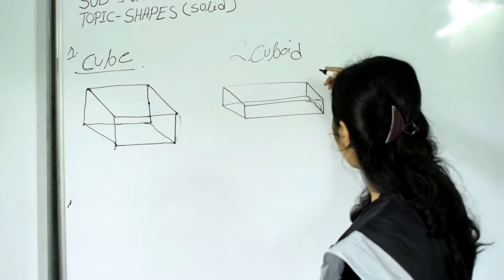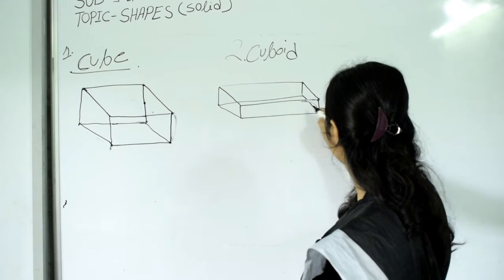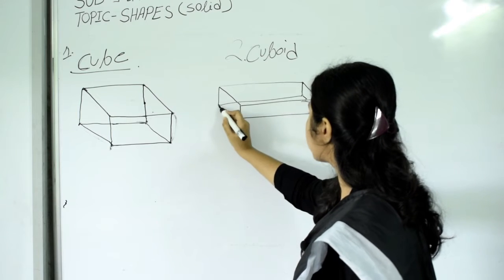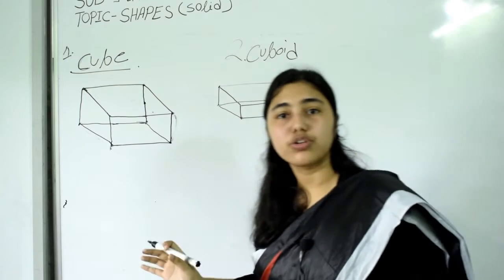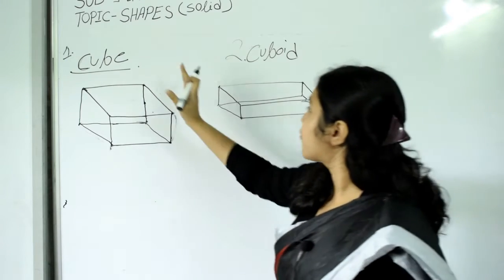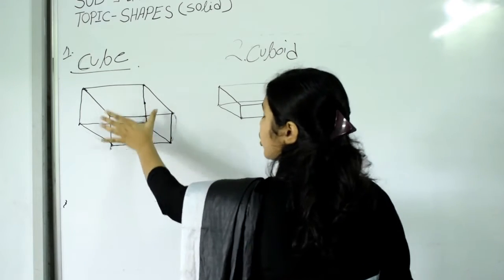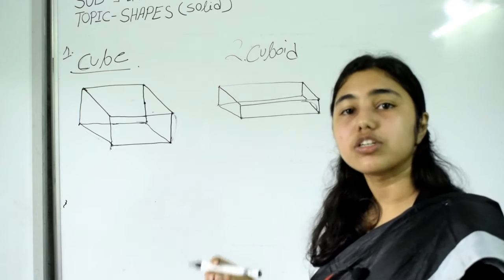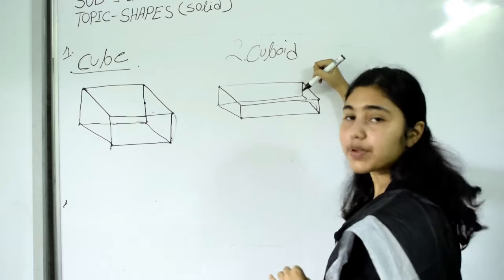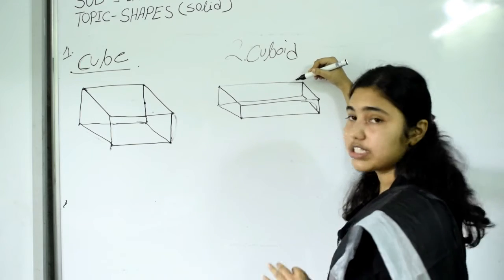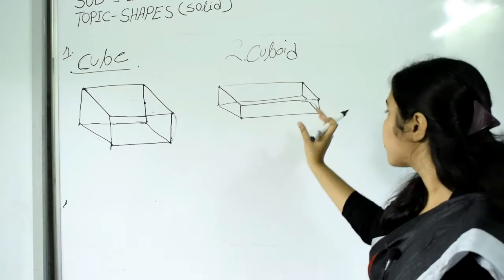Okay. So here also the number of vertices is 8. 1, 2, 3, 4, 5, 6, 7, 8. Okay. And it also has 12 edges. But the difference between cube and cuboid is that a cube is made up of 6 square flat faces, but a cuboid is made up of 6 rectangular flat faces.